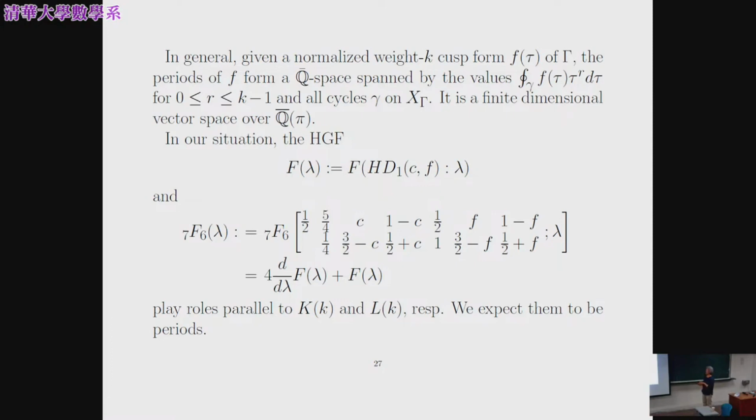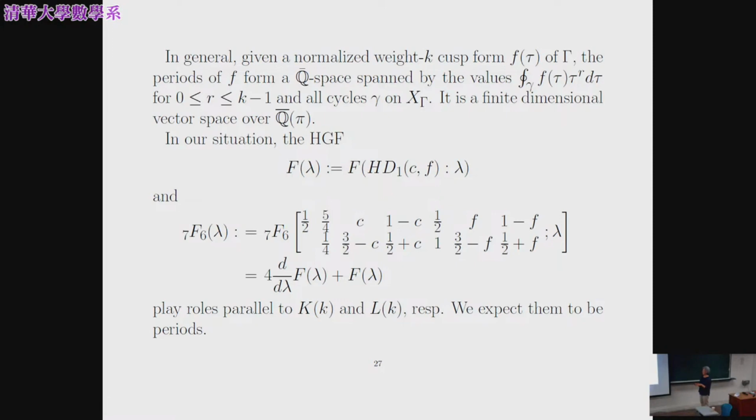Now, for our special situation, we have the first datum of length 6 attached to a cusp form. So we look at the hypergeometric function, the value at lambda. That's 1/2, c, 1 minus c, half, f, 1 minus f. That's the first row.